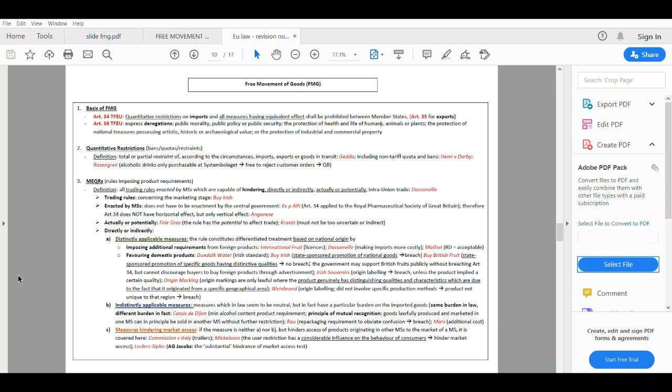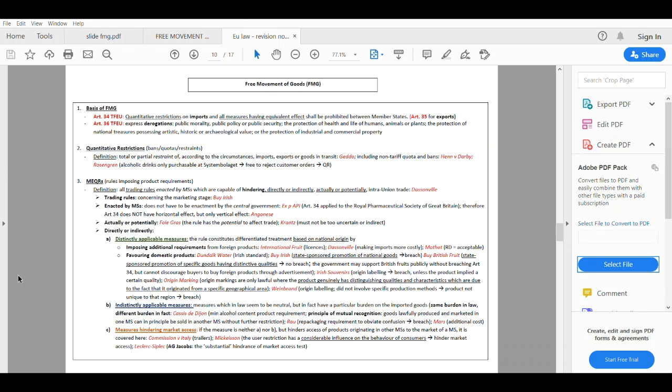Mr. Dassonville was a trader in Belgium. He imported a consignment of Scotch whisky from France. The French seller was unable to provide Mr. Dassonville with a certificate of origin, which in fact could only be issued by the UK customs authorities.